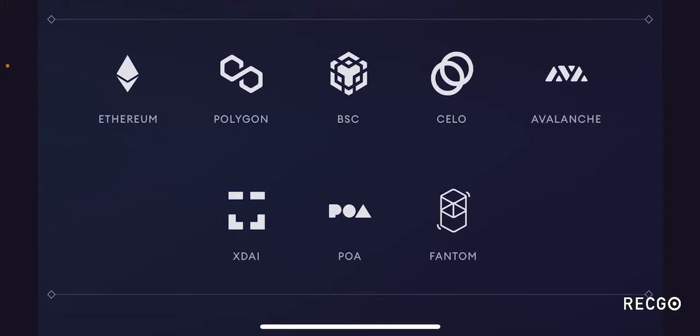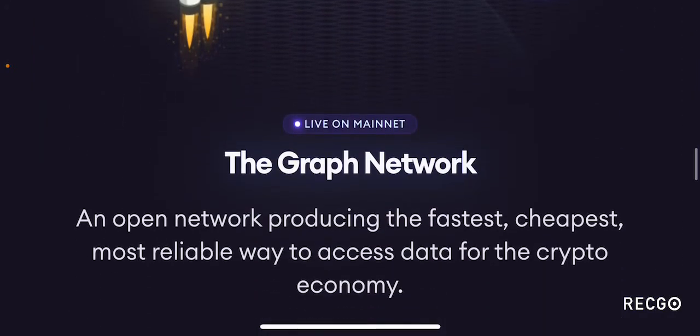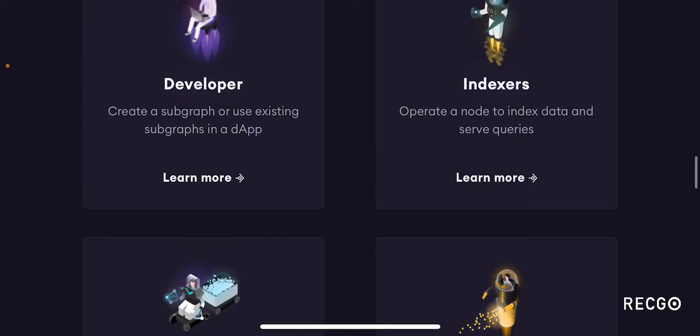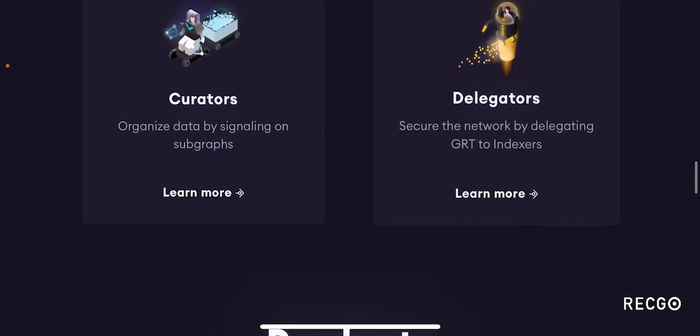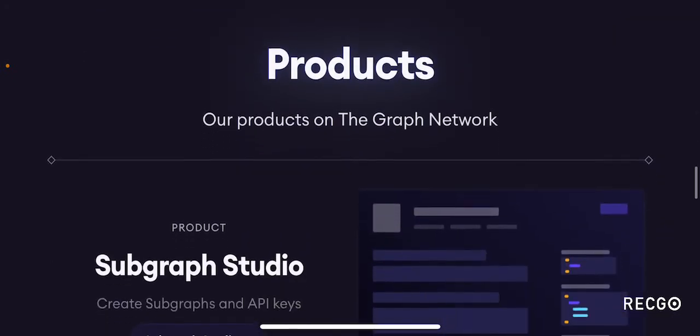So think about all these projects and many more that will definitely benefit from the indexing features of the Graph protocol, right? If you scroll below, they have some really cool graphics. They are on mainnet, obviously. If you are a developer, you can click on this information. For indexers, curators, and delegators, there is respective information that you can click on to learn more.